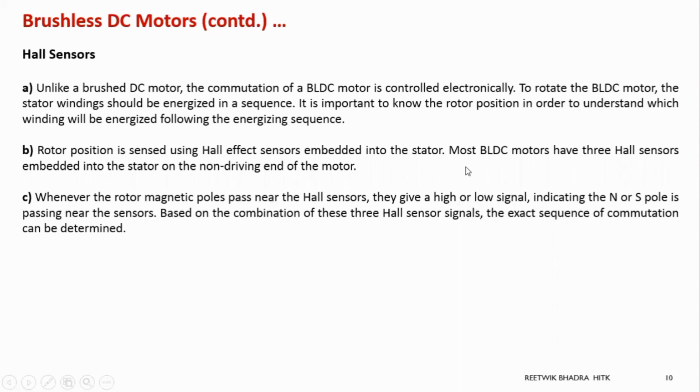Suppose for north pole it gives a high signal, for south pole it gives a low signal. So according to that, it determines the data, how it has to be rotated, in what way it has to be rotated. All this is sensed through the rotation of the rotor, and those data are collected through Hall sensors.